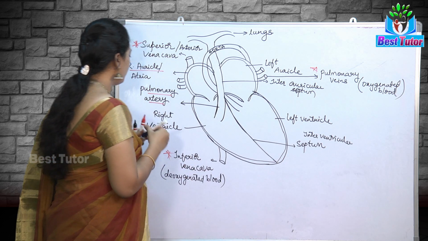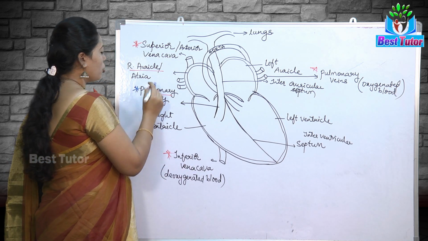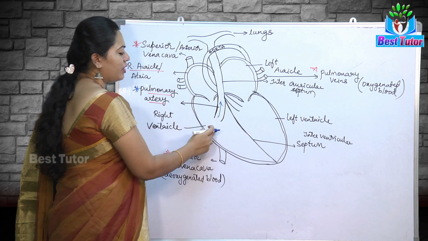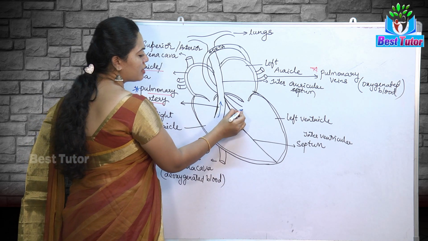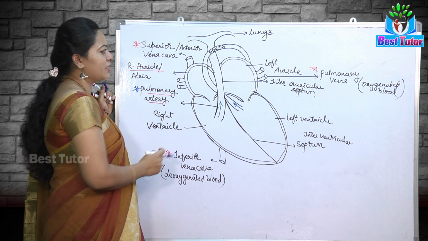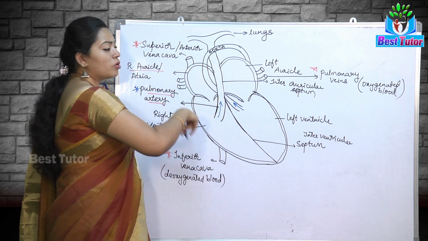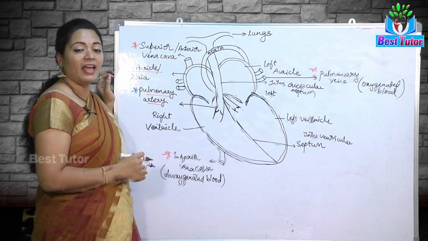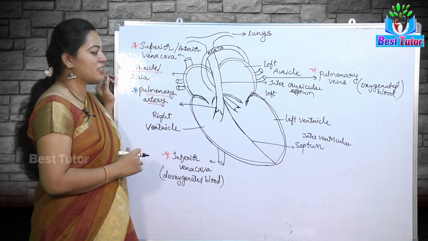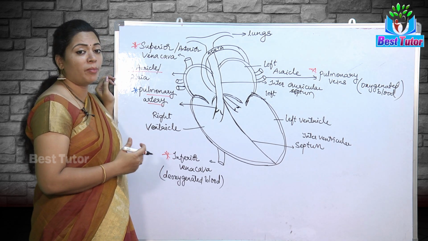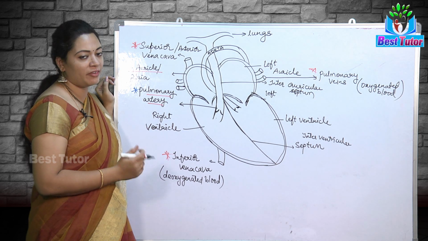So I differentiate with the blue mark. The pulmonary artery is the one which is moving away from the heart, and also the blood vessel which arises from the left ventricle, that is the aorta, is also leaving the heart, carrying blood to different parts of the body. Earlier we have learnt about the structure of the heart, its chambers, and we also discussed the blood vessels which are entering the heart and leaving the heart.